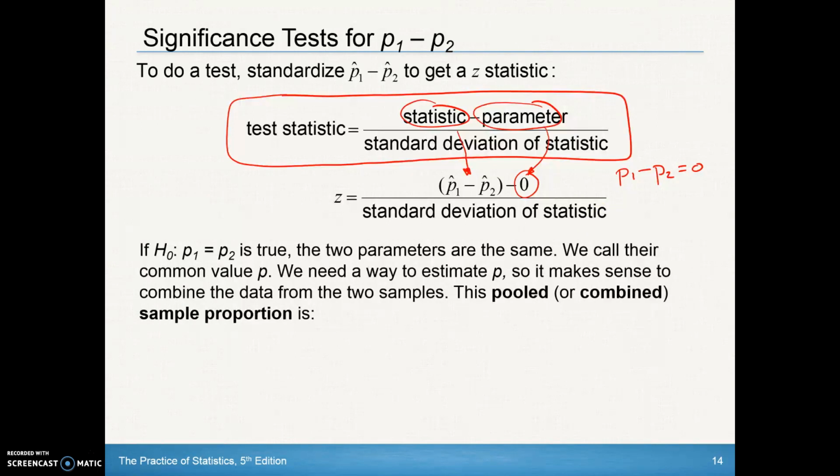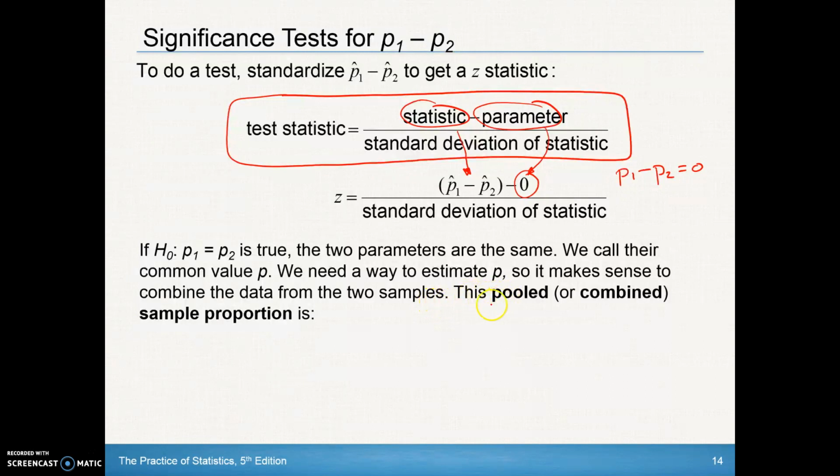So if our null hypothesis is true, the two parameters are the same. We call their common value P. We need a way to estimate P, so it makes sense to combine the data from the two samples.